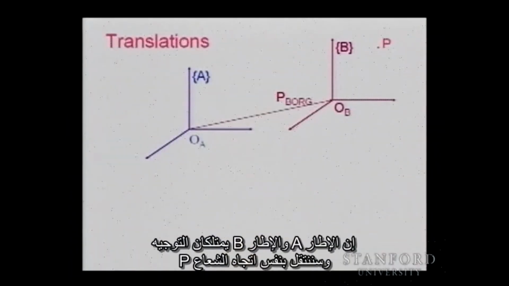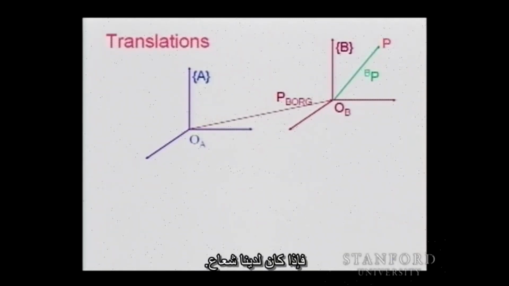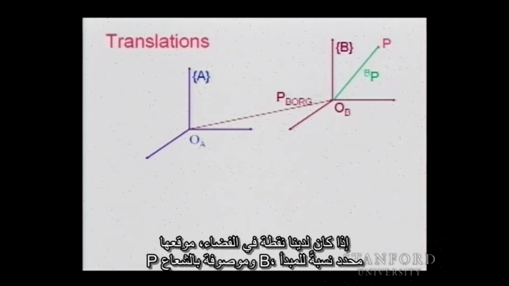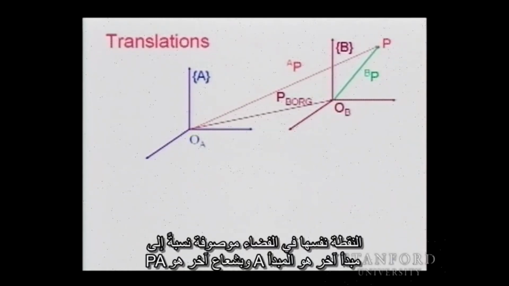So frame B and frame A have the same orientation, and we're going just to move along the direction of the vector P. If we have a point in space, it is located with respect to origin B and described by the vector P. The same point in space is described with respect to another origin, A, with a different vector, P_A.